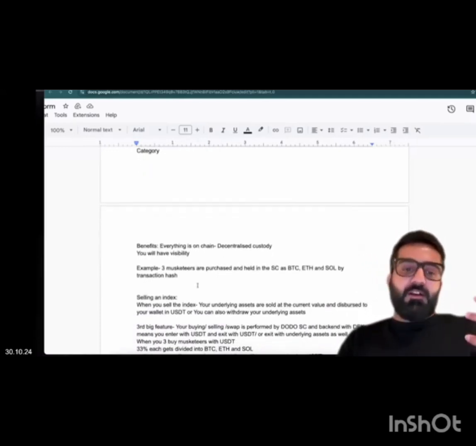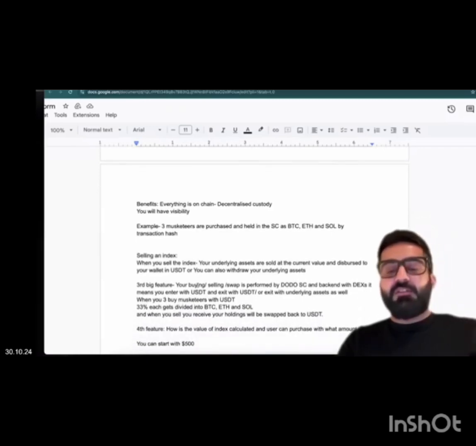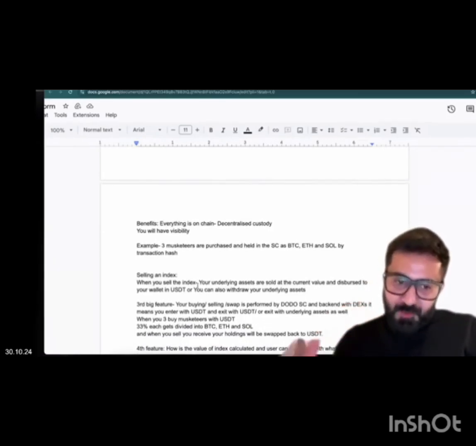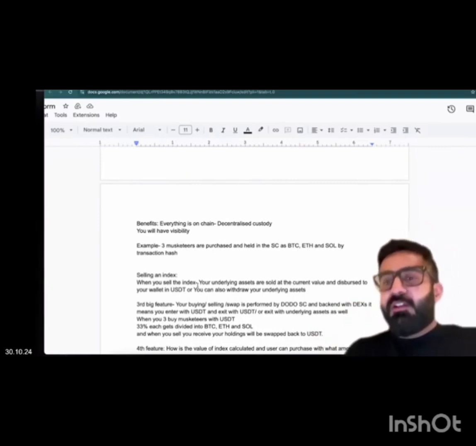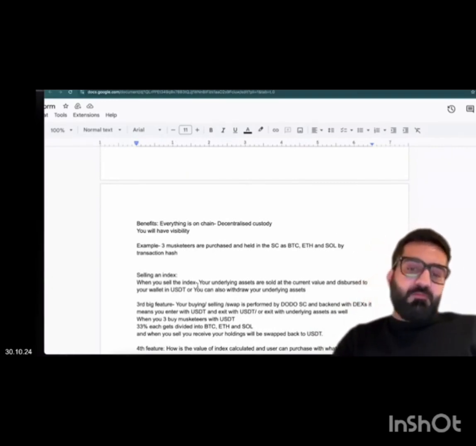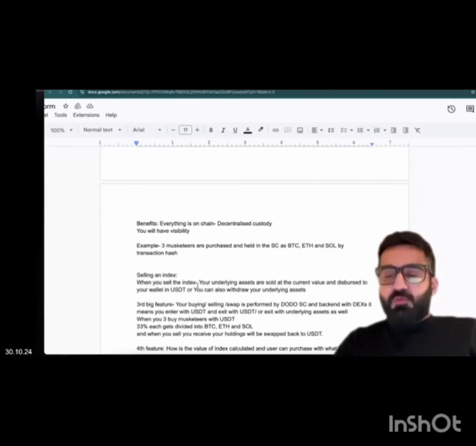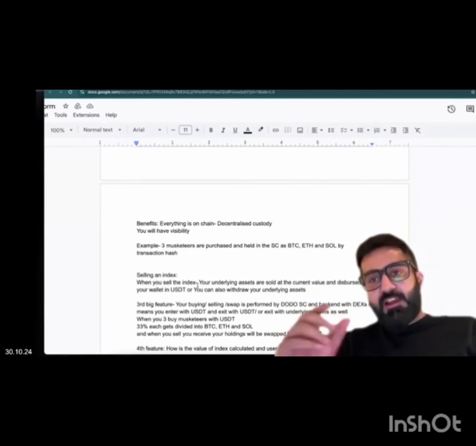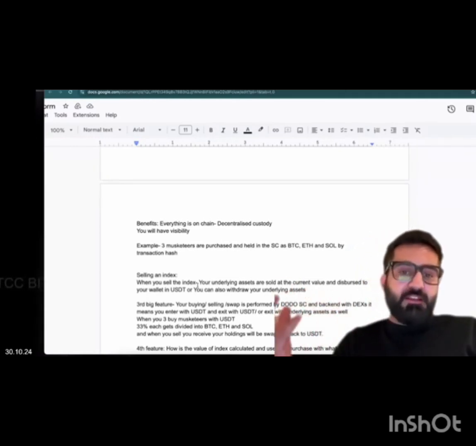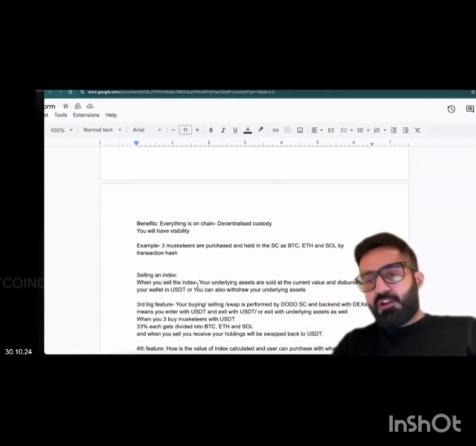Now we will understand about selling the index, how you sell the index. Selling an index with Dodo can be done in two ways. One, you liquidate all your assets and you take out USDT. Let's say you bought the index Three Musketeers for $10,000.